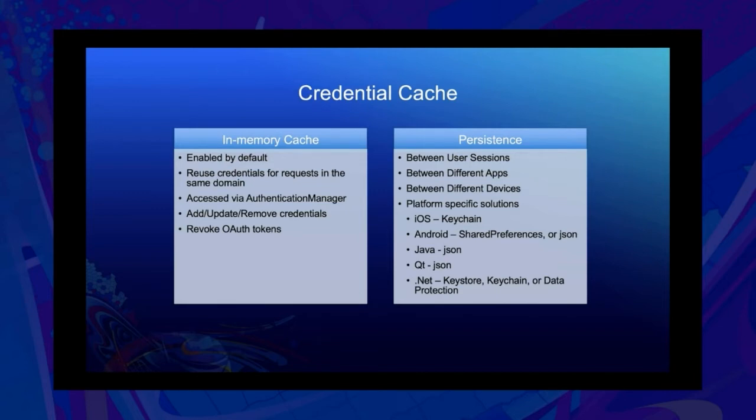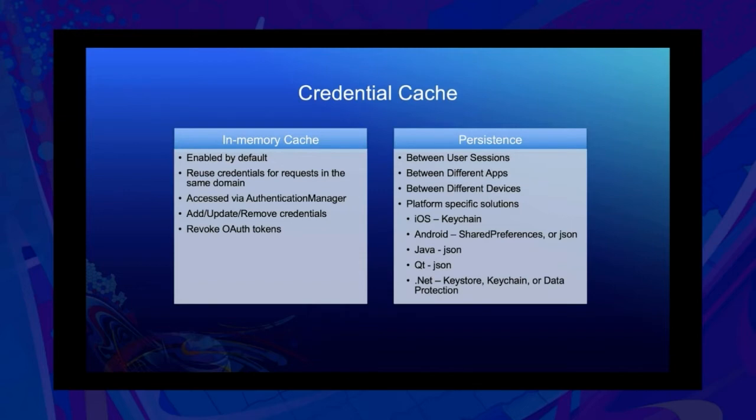On the Runtime for iOS SDK, the credential cache can be persisted to the keychain. The Android SDK allows you to store the cache in the shared preferences. When using the .NET SDK, you can choose to persist the credential cache to a key store, keychain, or data protection, depending on the platform on which your app deploys.